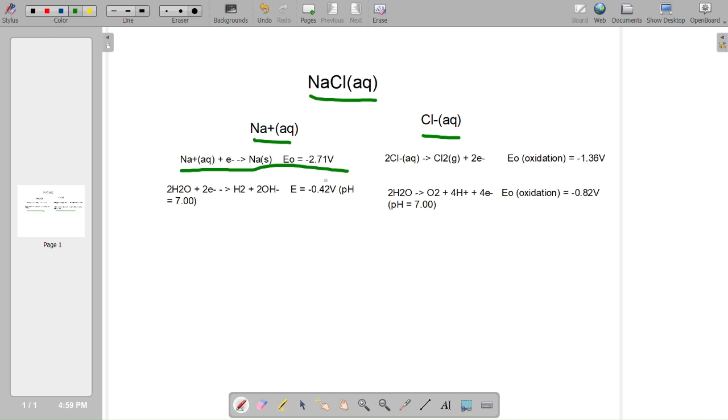But you also have to consider that there's water inside because it's aqueous. In this case, water has a much higher reduction potential than sodium does, and because of that, water is actually the one that's reduced.